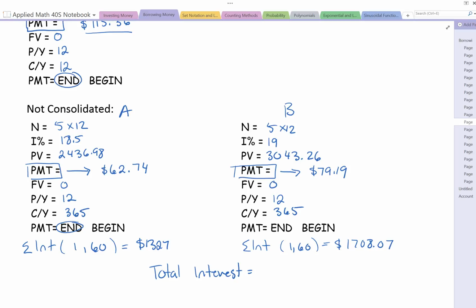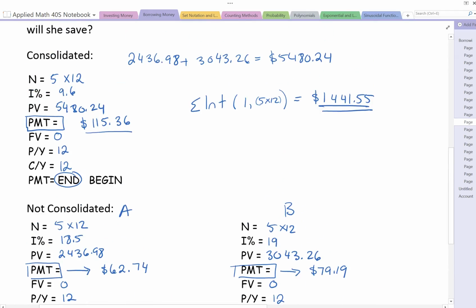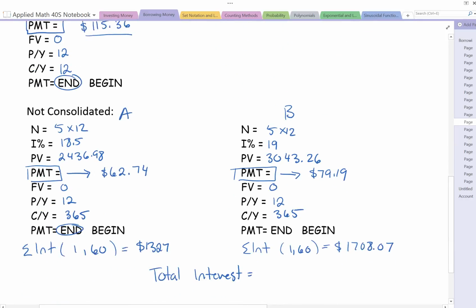Alright, once putting all of that in, you can see that you have monthly payments of $62.74 for credit card A, and you owe $1,327 in interest. That's almost already what you've paid for it consolidated.